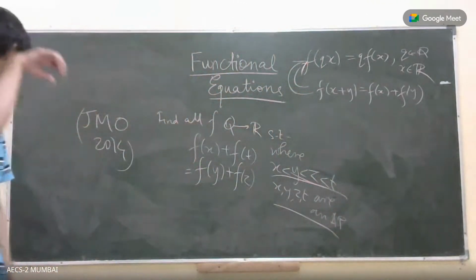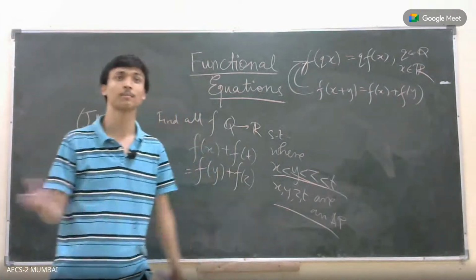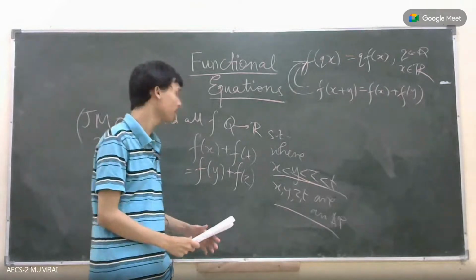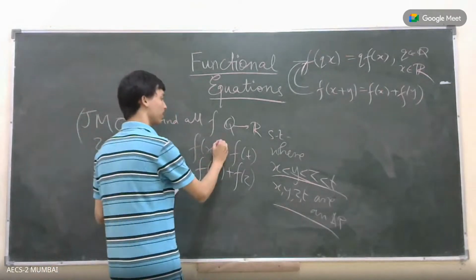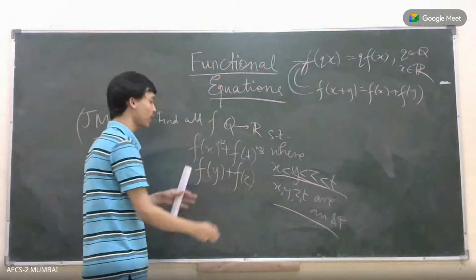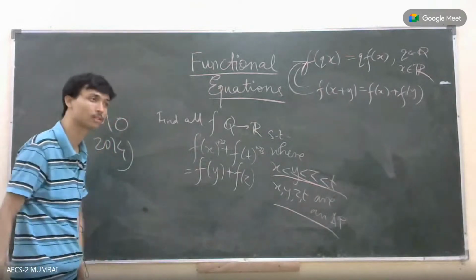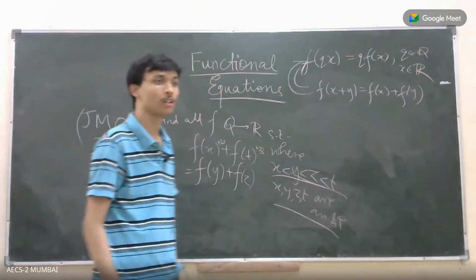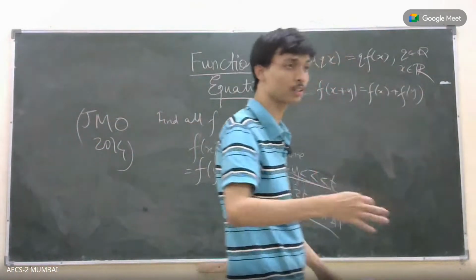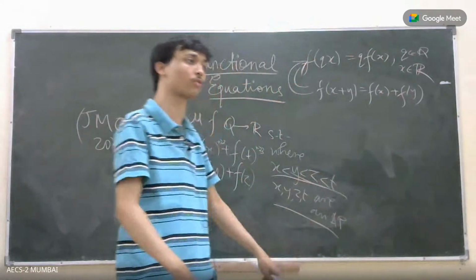Once again, similar to Jensen's equation, if I add 23 here and 23 here, basically what I'm saying is if f satisfies this, f plus 23 also satisfies this. Right? So when you have a functional equation where you can shift the function and the function still satisfies the equation, what should you do?